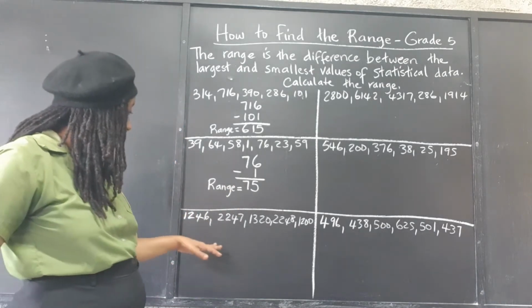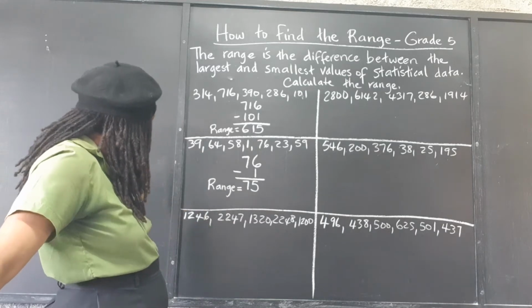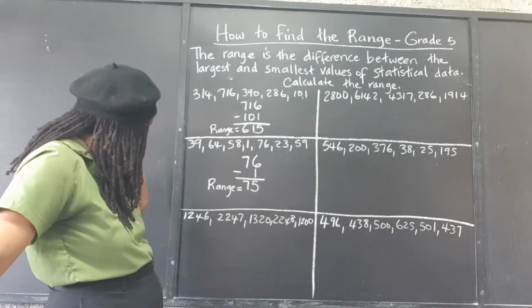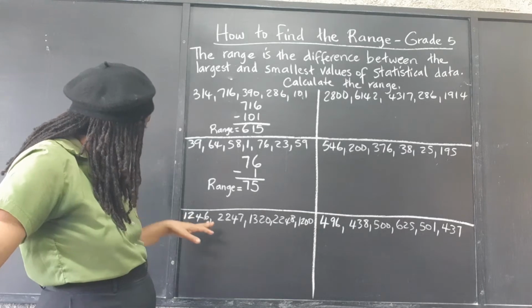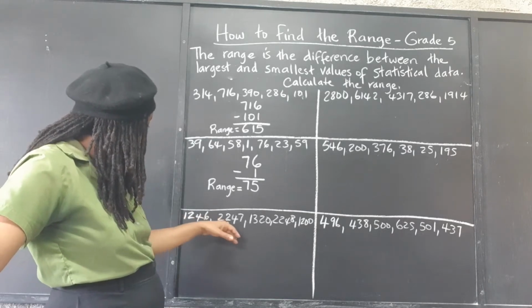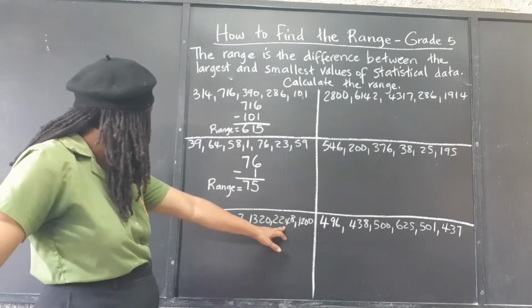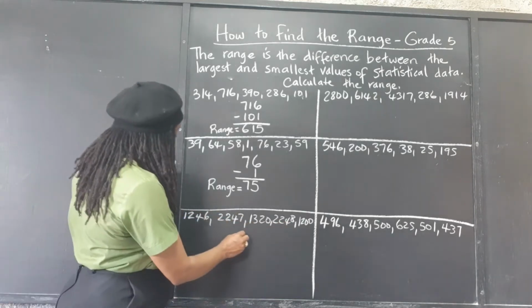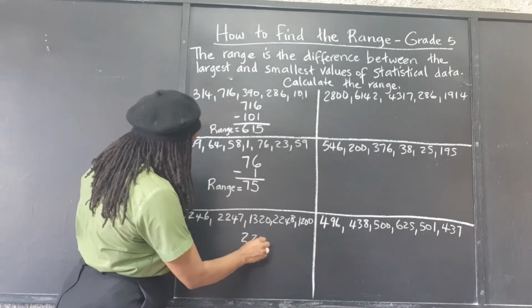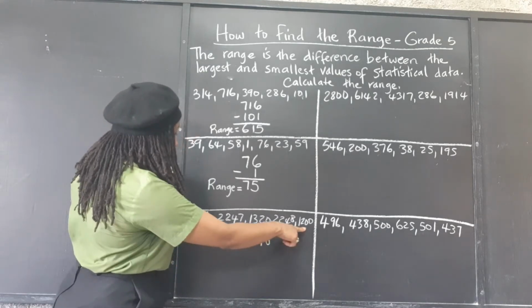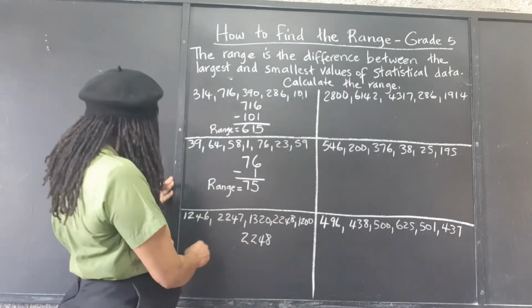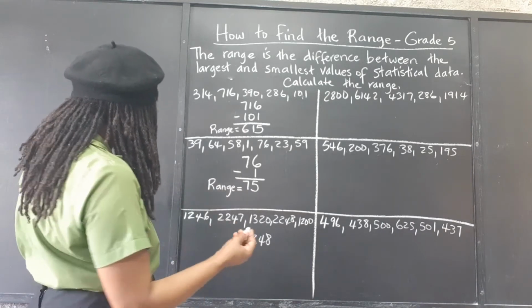Looking at these numbers, so they're all in the thousands, so we have to look carefully. Some of them are pretty close. We have 2,247, 2,248, so this is the biggest one, 2,248, and we're going to subtract the smallest, which is 1,200.